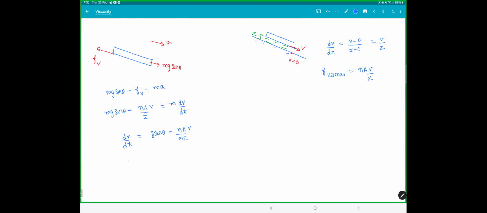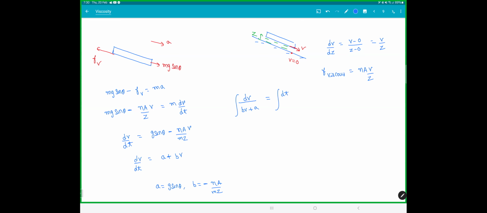For convenience, what will I do? dv by dt, let's write it as a plus bv. A is g sin theta. B is eta A by mz. So you have dv by (bv plus A) is equal to dt.